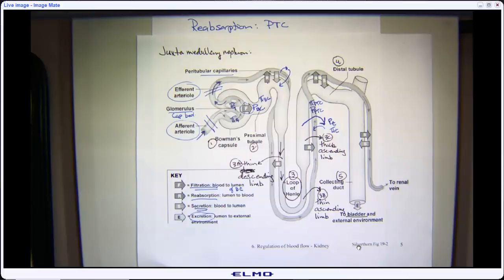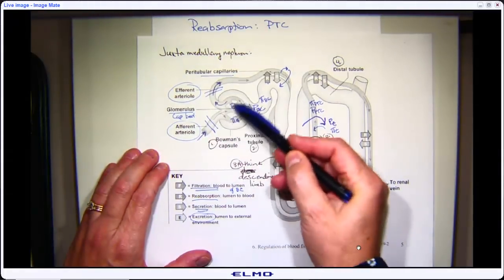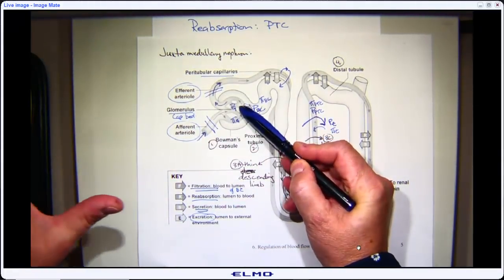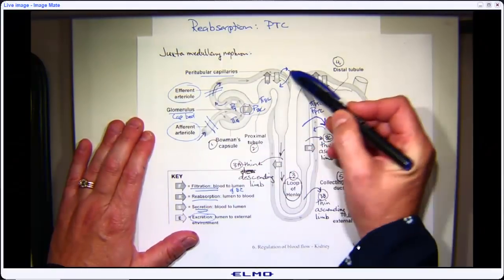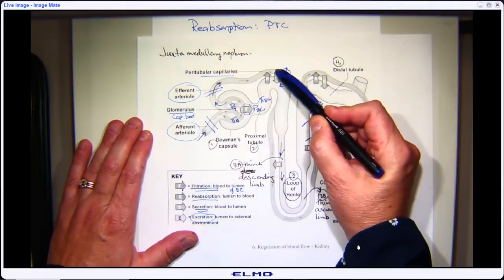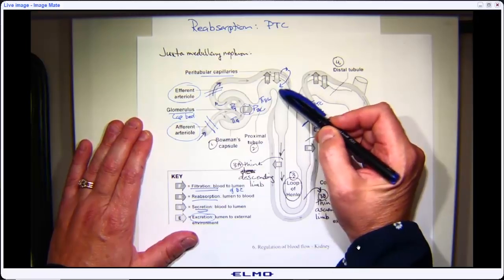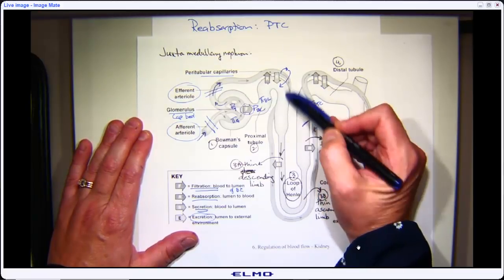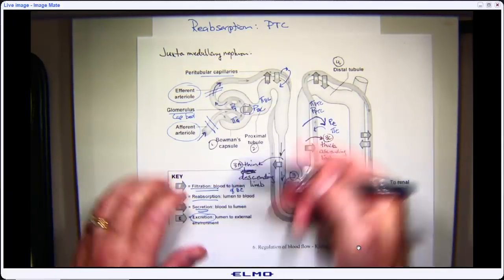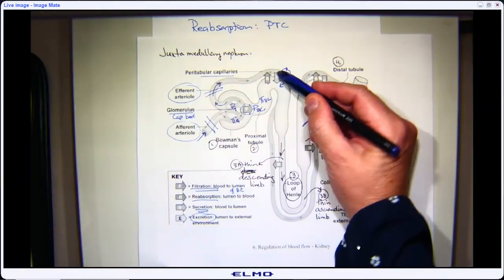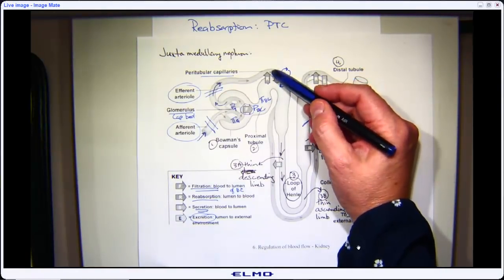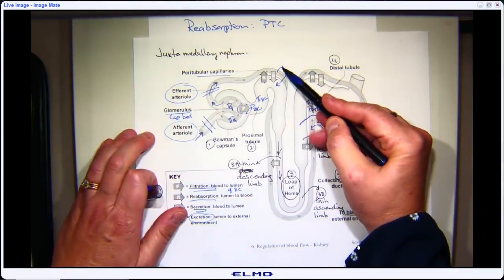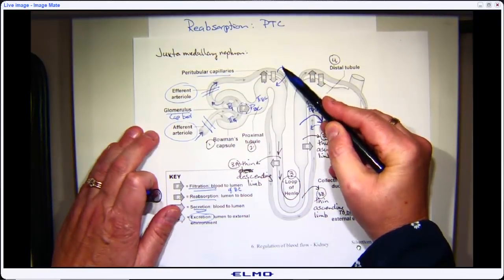So if I'm going to do all my fancy filtration here at the level of the Bowman's capsule, if I'm going to move something from downstream, and we will see this, it's because it's going to be a nature of the tubule issue. I'm going to have to actually have a transporter for something to move it from here to here, and then a transporter to move it from here to here.